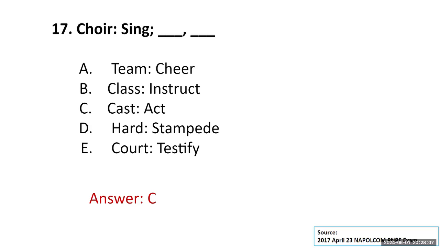Choir is to sing. Cast is to act. That's how we will need to choose the correct pairs in analogy. We really have to analyze how your answer could be relevant to what was offered in that particular option.